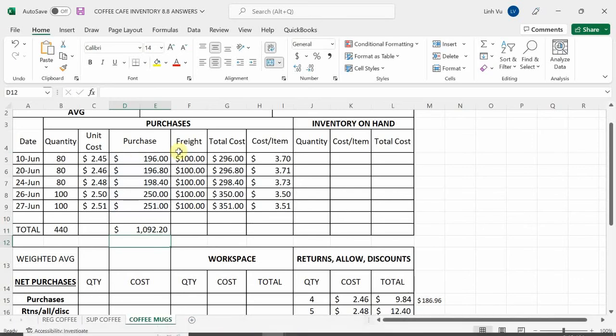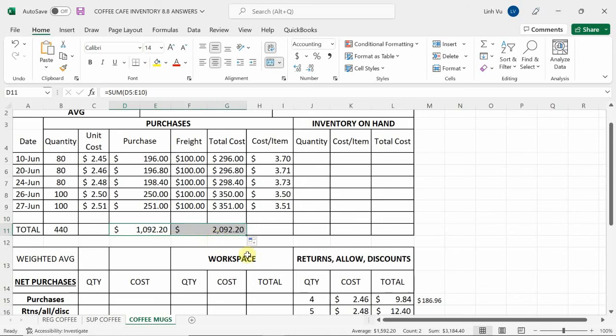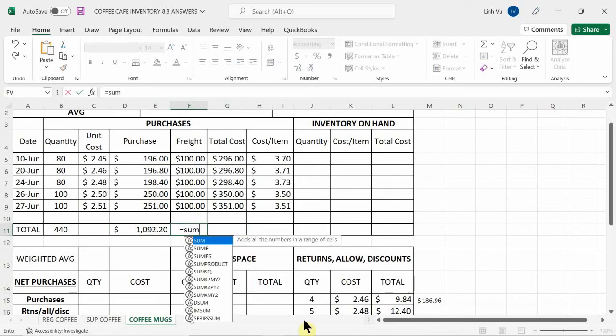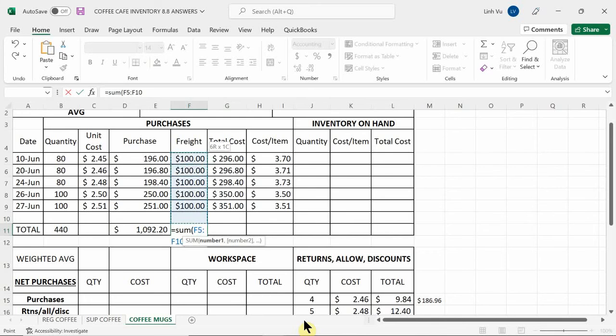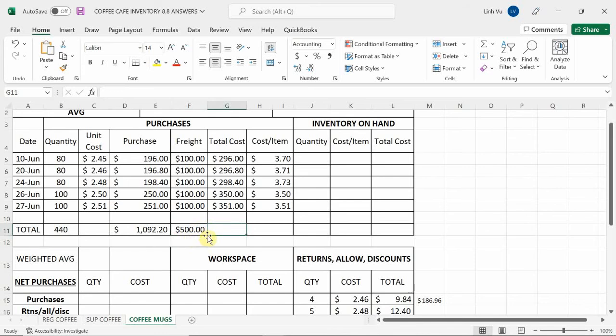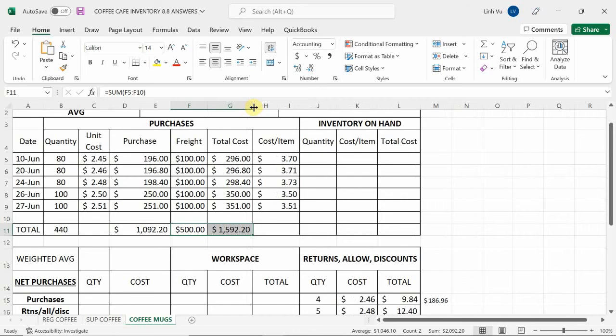Okay. What's my grand total freight? 500. Oops. Don't know why I overrode that right there. Okay, so 1,092.20 plus 500 is going to get you 1,592.20, right?